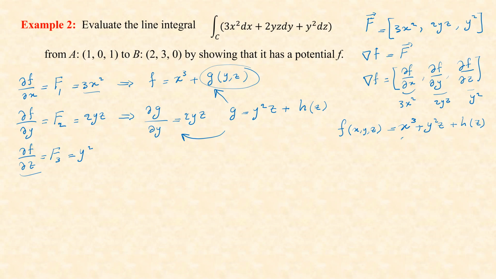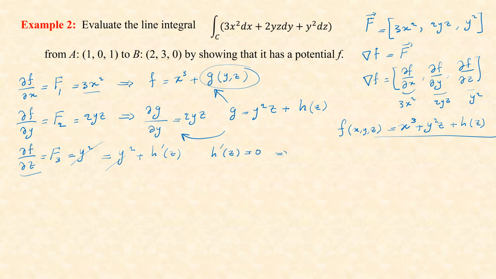And if we take the derivative of this with respect to Z, it becomes Y squared plus H prime of Z. And you see from this equation, Y squared cancels, H prime should be 0.